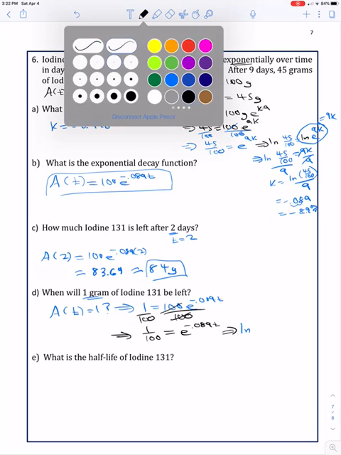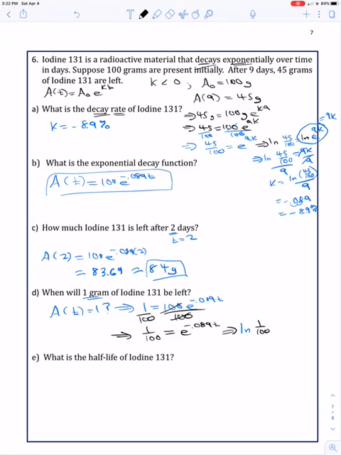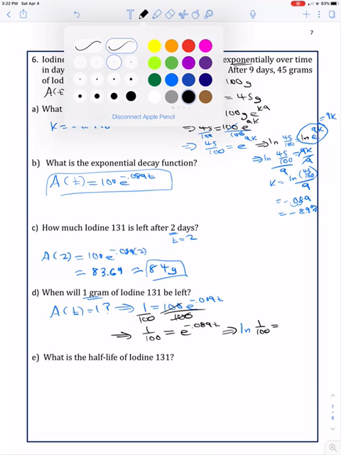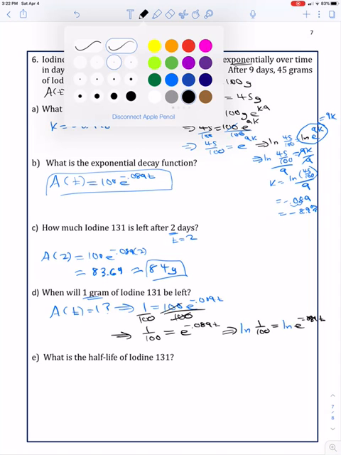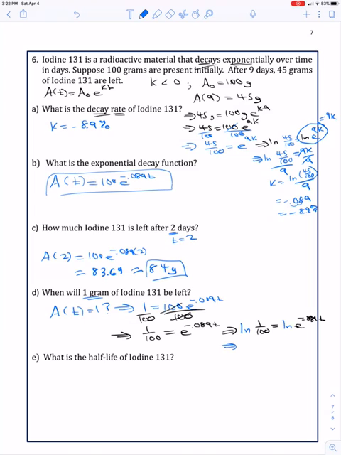So as we do the natural log of the left side, natural log of 1/100th equal to the natural log of the right side. So we got the natural log of e to the negative 0.089t. And again, we did natural logs, the same base rules. So we got natural log of 1/100th equal to, we know all of this simplifies to negative 0.089t. As we divide out negative 0.089 on both sides, we'll have our answer.